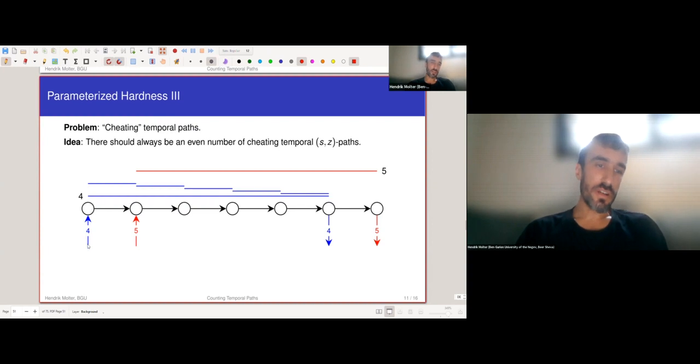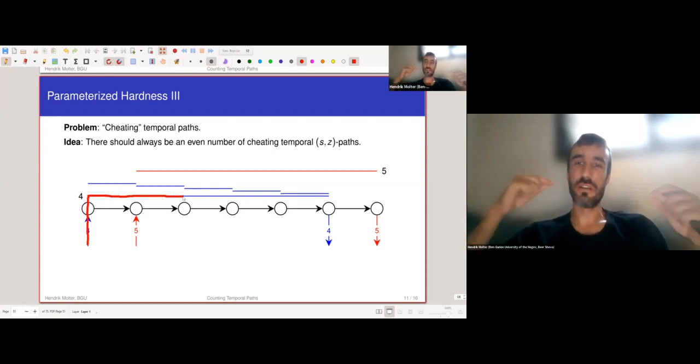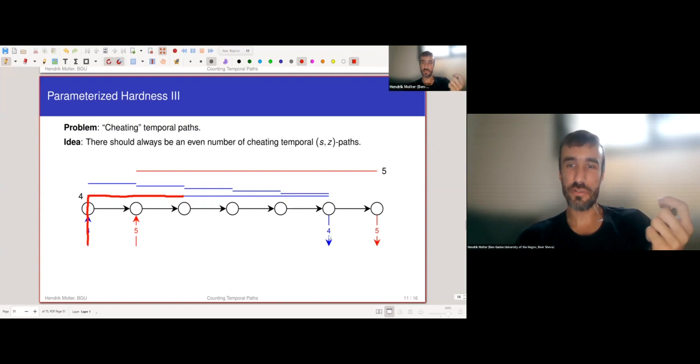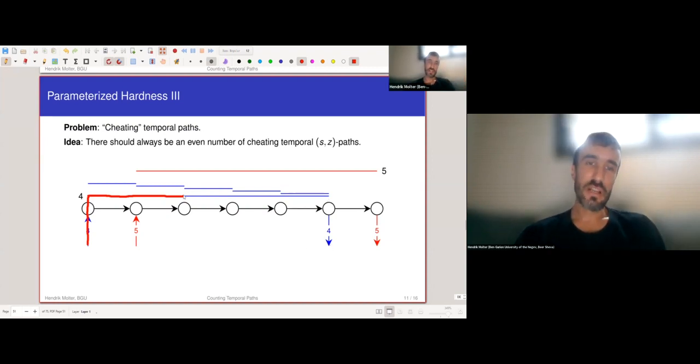And now whenever I enter this path here and start going along this edge, I deviate from what is intended to be the path corresponding to the blue vertex.